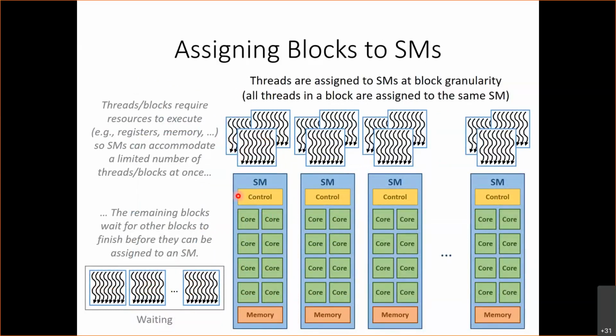Well, the blocks that are running are going to wait for the blocks that are down here waiting to reach the synchronization point. But then the blocks that are down here waiting are going to be waiting for these blocks that are running to finish so that they can come and start running on the SMs. Okay, so that is why. Is that point clear to everyone? But can't you solve that at a hardware level?